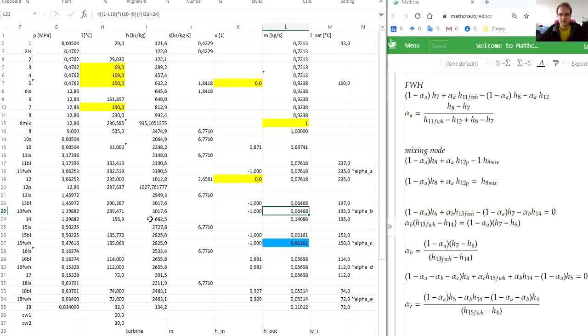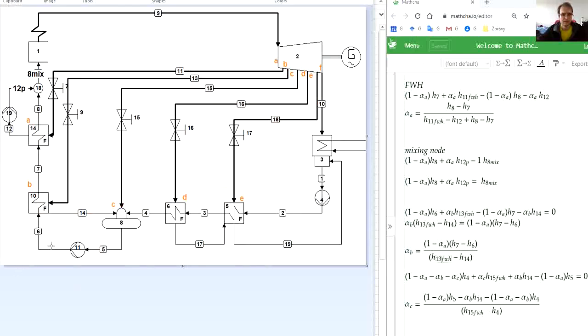So we get the mass flow rate at point 13 and actually mass flow rate at point 14 if you look at the schematics again. So it should be same as in the point 13.